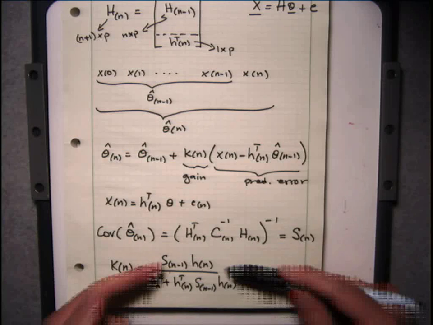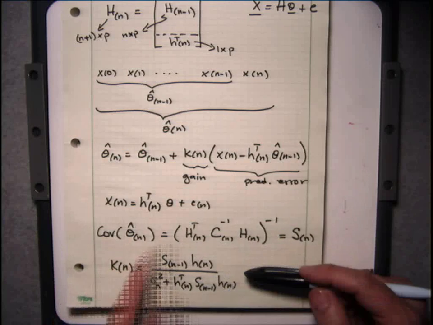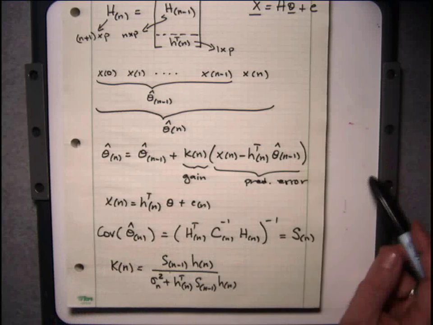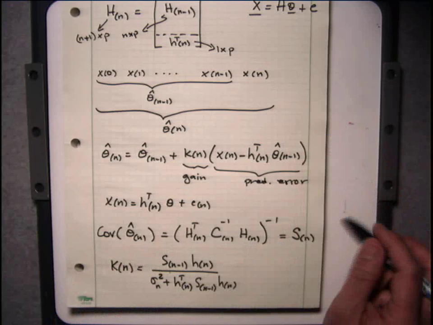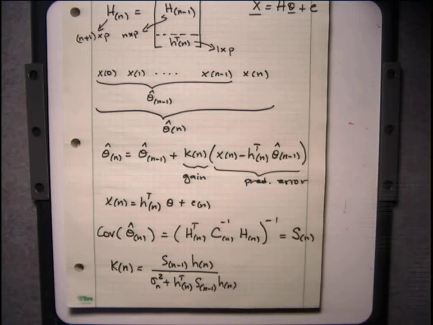First of all, you notice that this gain is a scalar, which is why I'm able to write it like this. What I was saying earlier is that if you wanted to do this for the more general case, then the gain would also turn out to be a vector or a matrix. Here it's just simpler to write it down because it's a scalar. All right, so let's take a look at this.